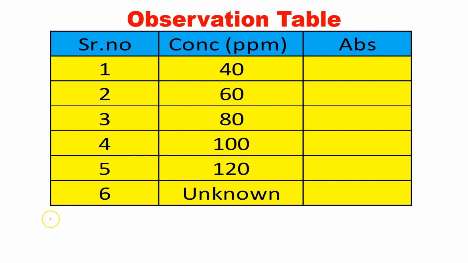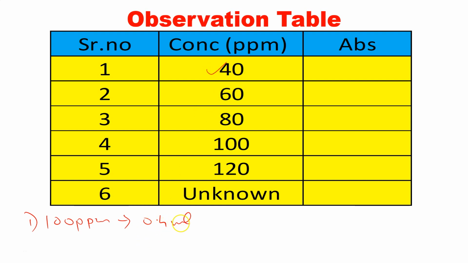From the 100 ppm solution, we have prepared a stock solution of 100. This was the first solution, and from that we have pipetted out 0.4 ml. So we are talking about the 40 ppm concentration.